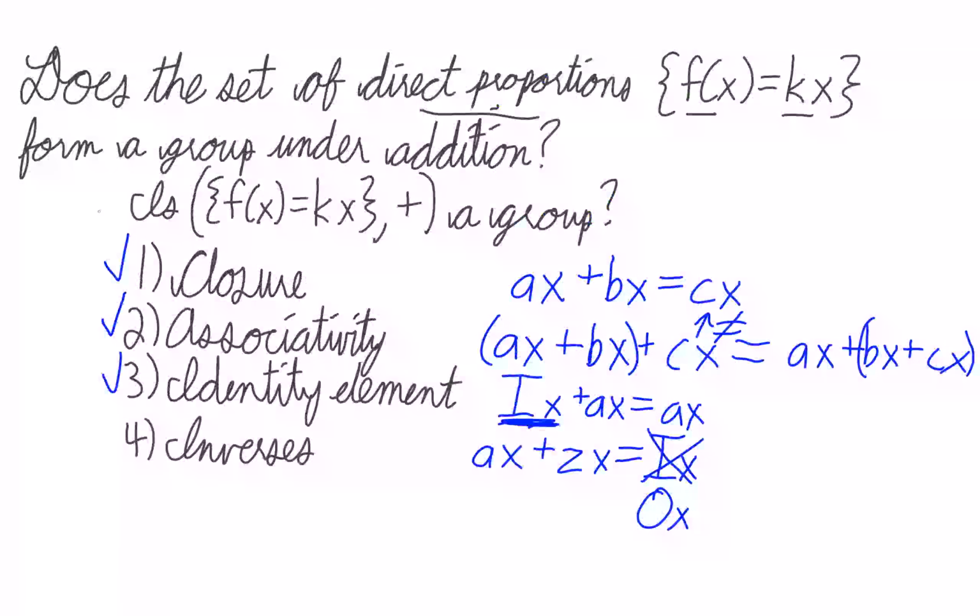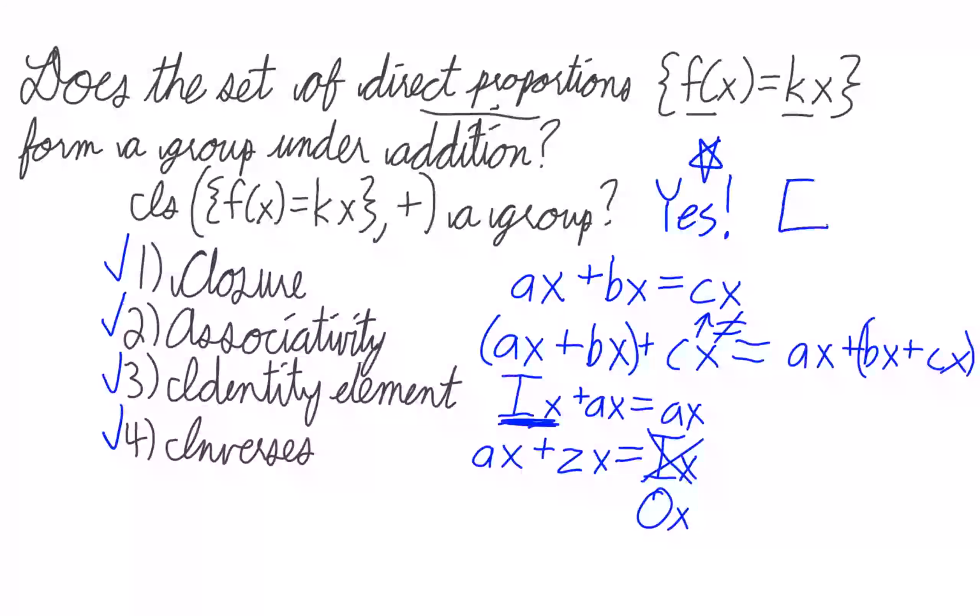So we have one more property that is followed, and it turns out that that's all the needed properties for us to say that this set under addition is a group. So I'm going to say yes. That's my final answer. I'm going to give it a star because I checked it thoroughly. I know I'm right.